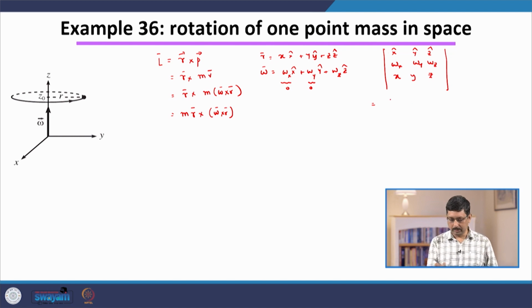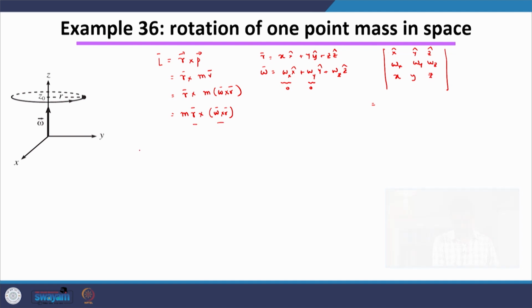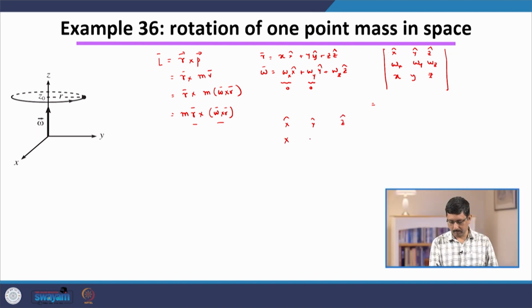And then we have the second cross product with this term. So, let us write it down here. We just need to evaluate this particular cross product. So, let us work it out. The x component will be omega y z minus omega z y.